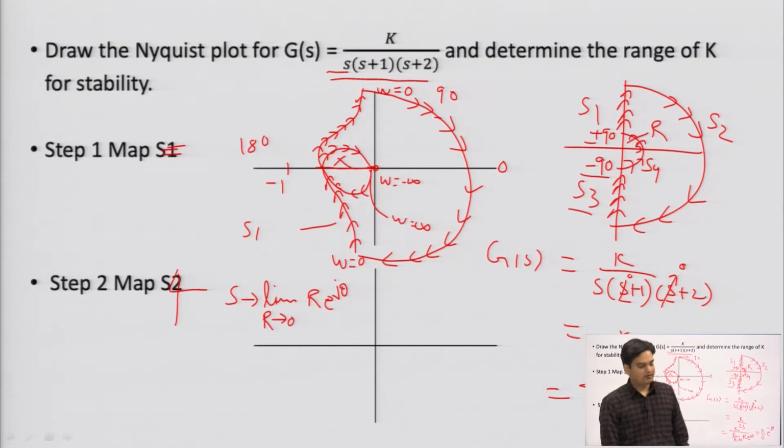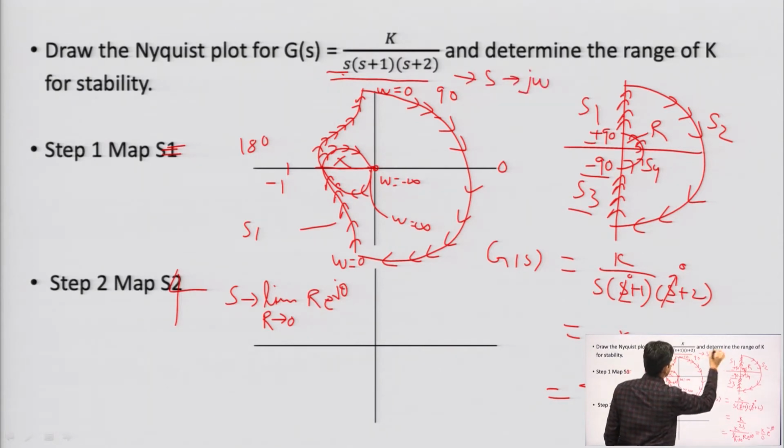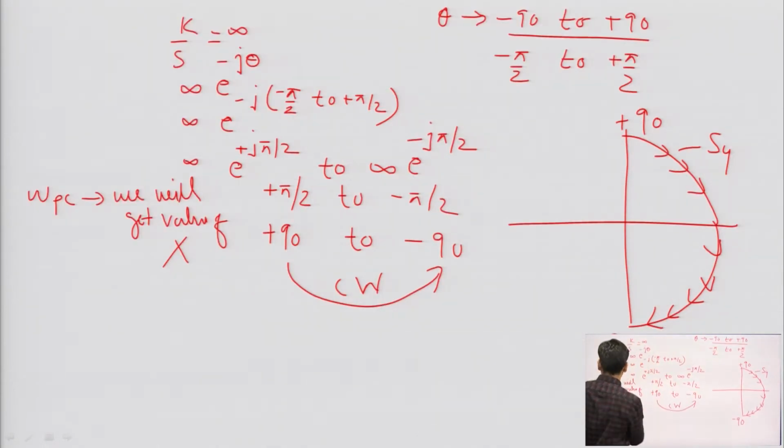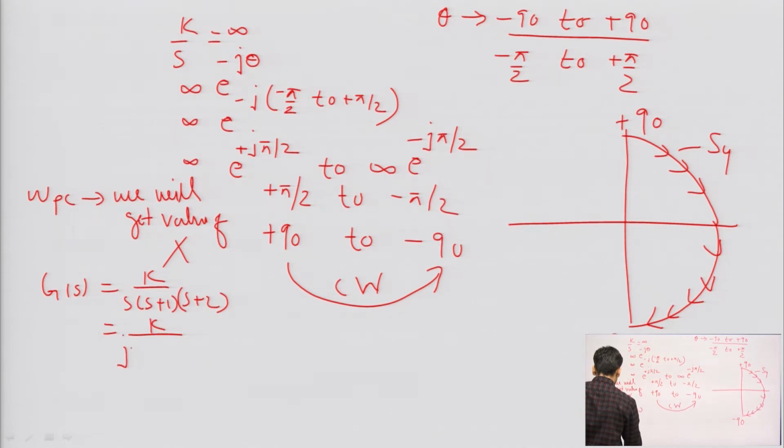Here our transfer function is given as G(s) equal to k over s(s plus 1)(s plus 2). I can replace s by j omega. Then we need to separate out the real and imaginary values. Replacing s by j omega, I will get k over j omega (j omega plus 1)(j omega plus 2).